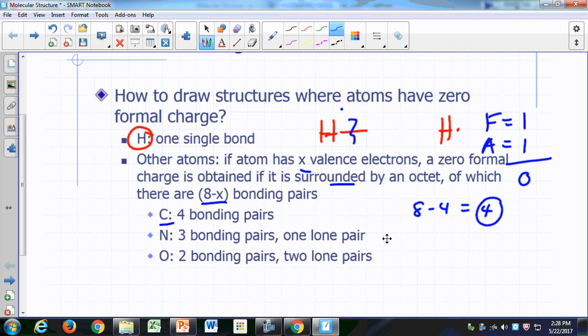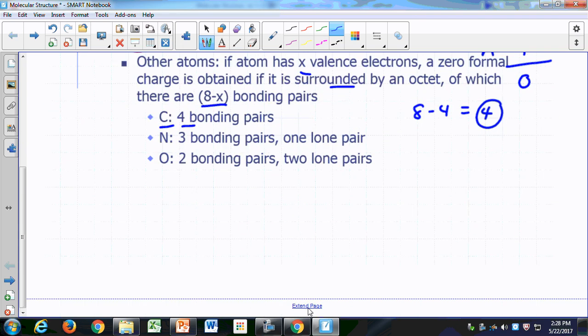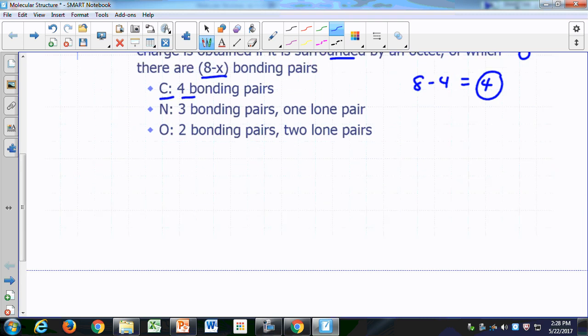That means if carbon has 4 bonding pairs and it's surrounded by an octet, it has a zero formal charge. The typical pattern for molecules that have carbon is either 4 single bonds around it, so that's 4 bonding pairs, or a carbon with 2 double bonds around it. That would also have 4 bonding pairs, a zero formal charge on that carbon.